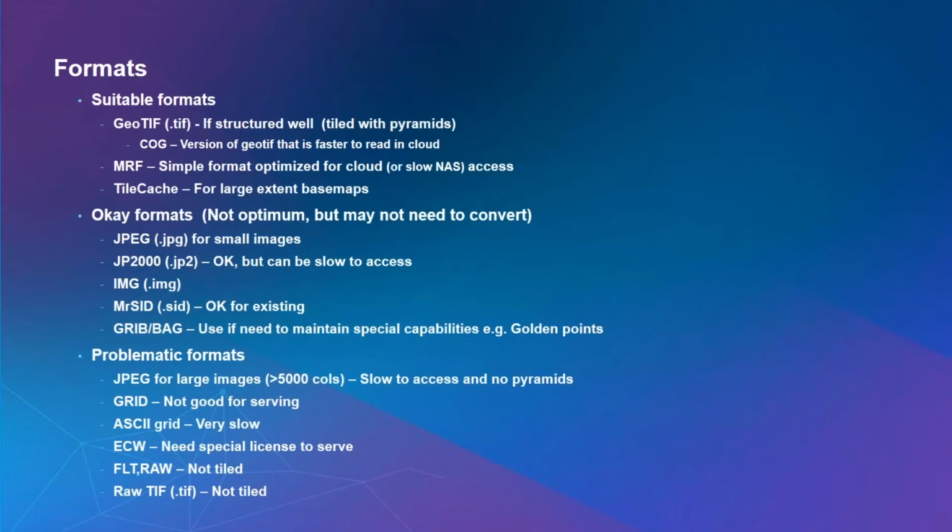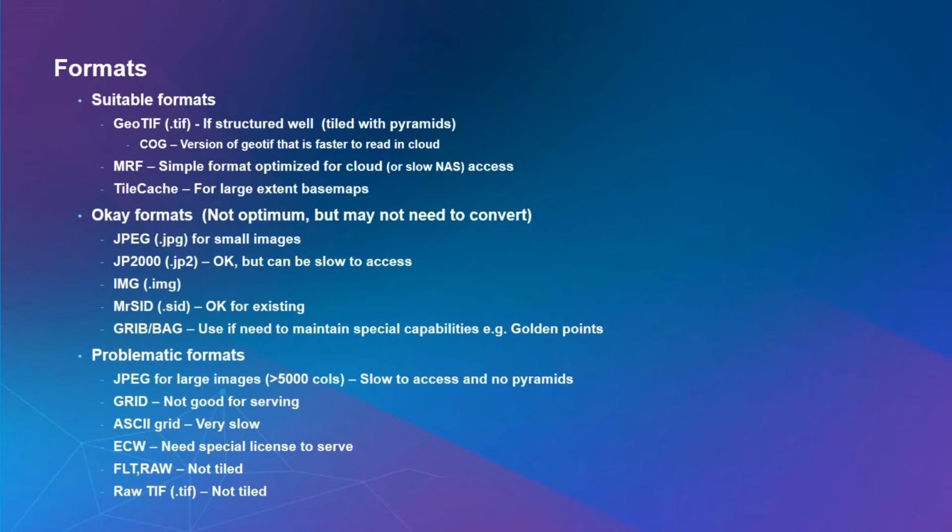There are formats which are okay. These are not optimum, but you may not want to convert them. JPEG files, if they're small, for example, pictures of sideways looking images taken with a camera, they're fine. JPEG 2000 files can be okay, but they can be slow to access. So JPEG 2000 is one of those, sometimes good, sometimes not so good.